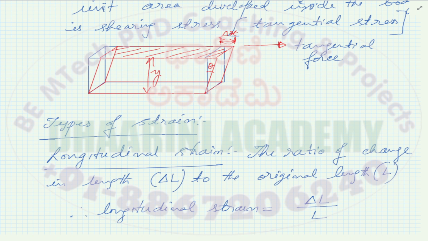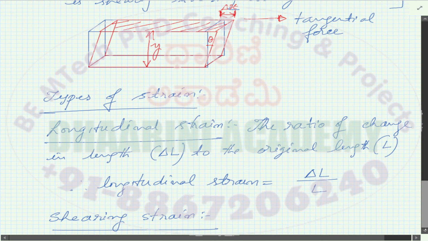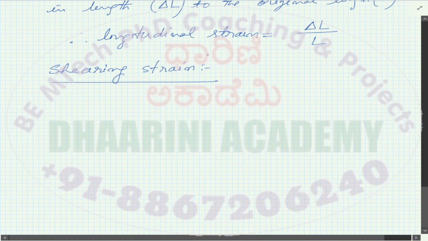Now how to measure this? It is defined as the relative displacement, that is delta x, how much it changes, divided by its original height. Okay, so we define this in a slightly different way. So let's try to define this. So it is the ratio of relative displacement of a face.